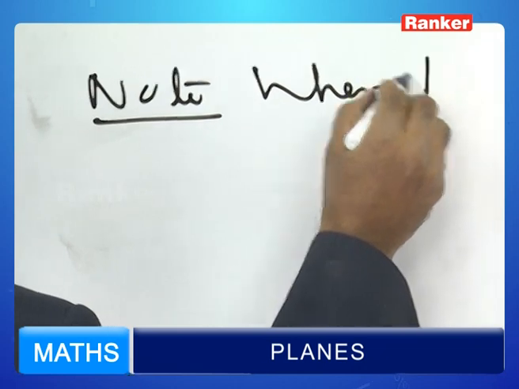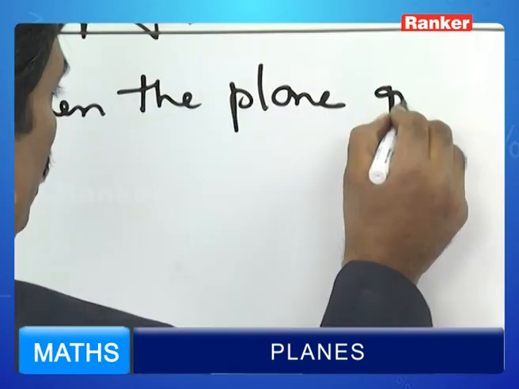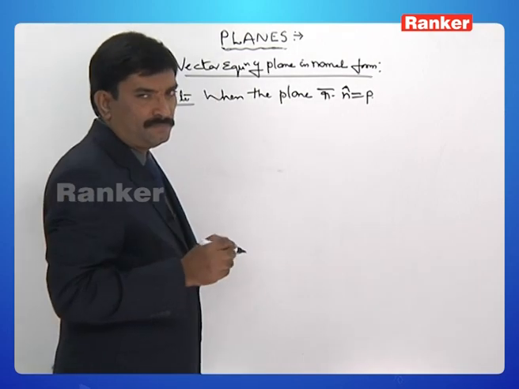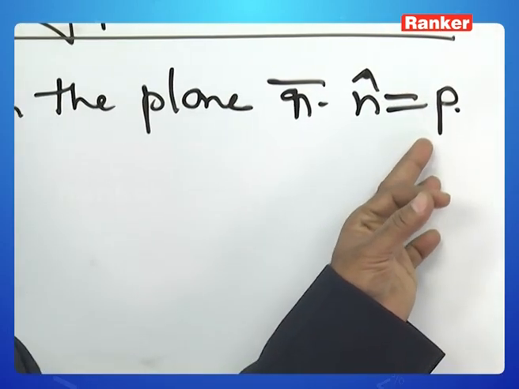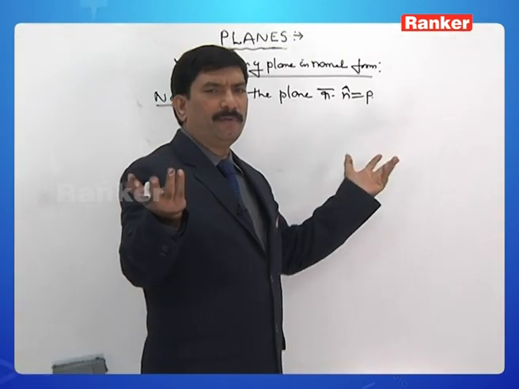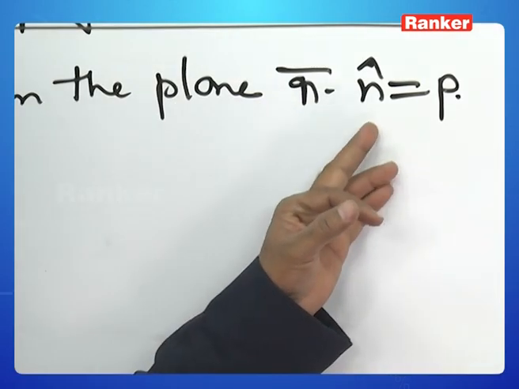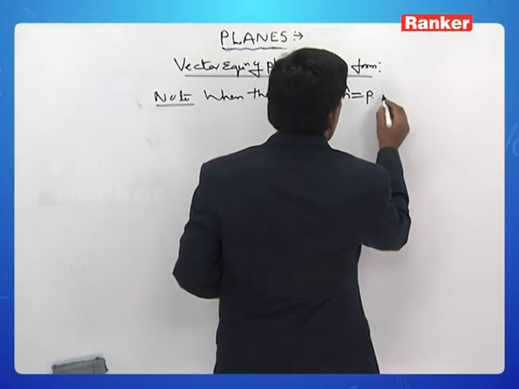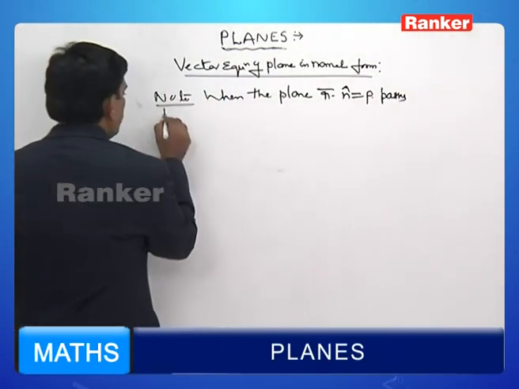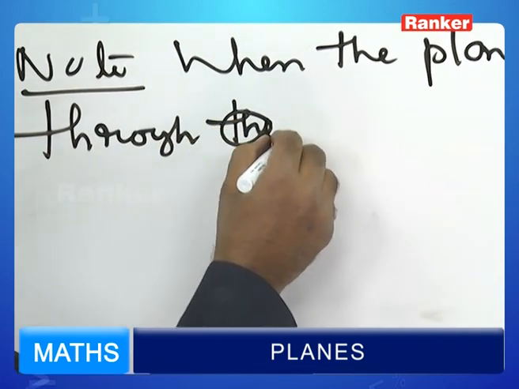Note, when the plane r bar dot n cap is equal to p. Here you see, in place of n cap, you can also take n bar. N bar is a vector, n cap is a unit vector, right? So therefore, r bar dot n cap is equal to p passes through the origin.